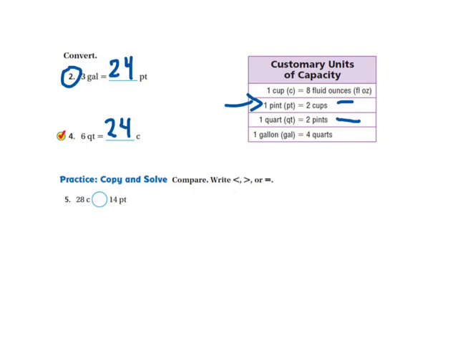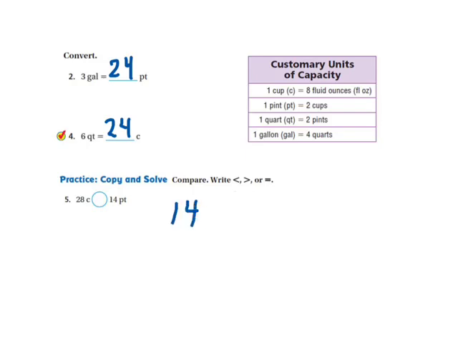And now we have an inequality here. 28 cups and 14 pints. So I need to change one of these, either change the cups to pints or the pints to cups. I'll change the pints to cups. I usually pick the bigger unit because then I would multiply instead of divide, and it sometimes makes it simpler.